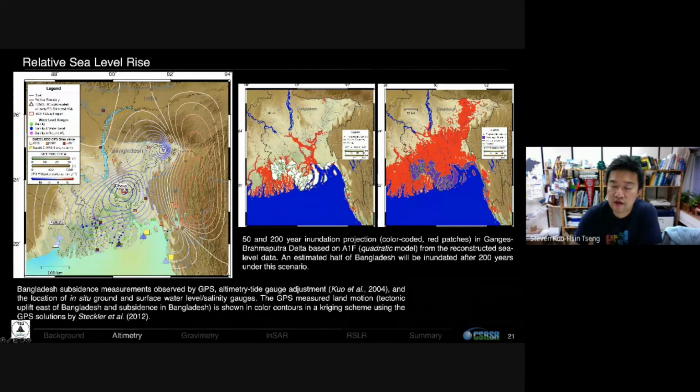If we keep the same rate of water pumping, and the compaction of the aquifer and the land keeps going on, then the scenario gives us a very bad projection of coastal hazard.